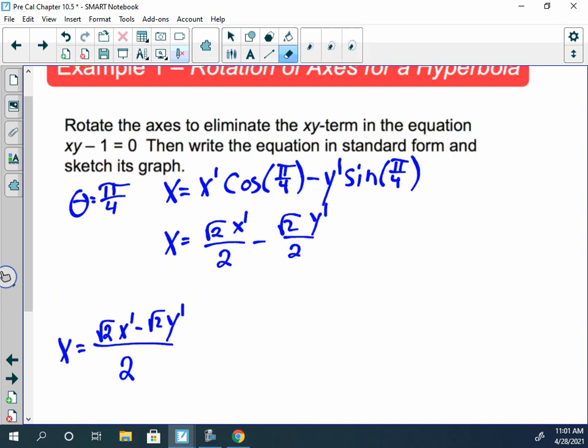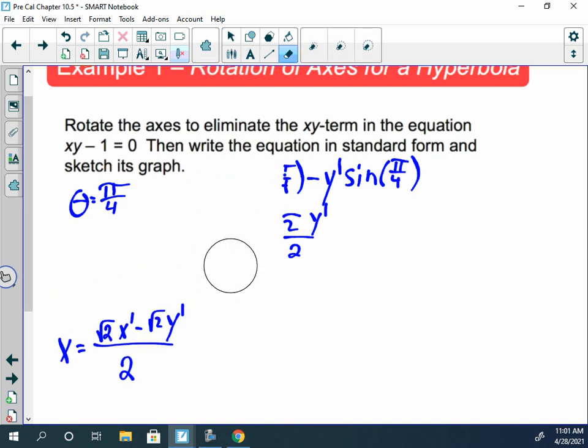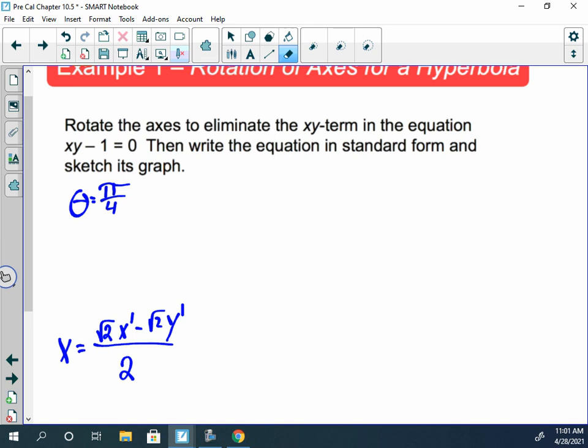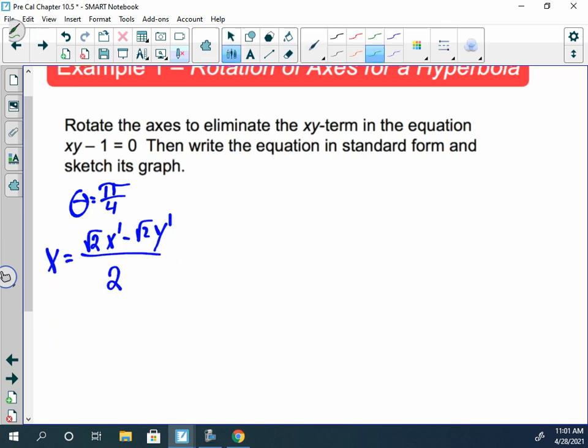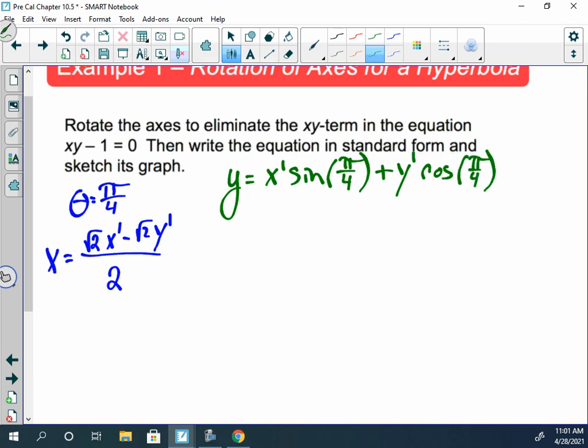Move him down here for a second. Erase all this here. Set him right here. Because we also need y. Because we need our x and y. So what we have is x prime sine of pi over 4 plus y prime cosine of pi over 4.